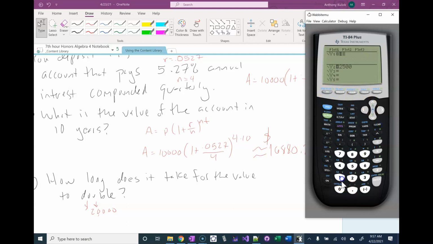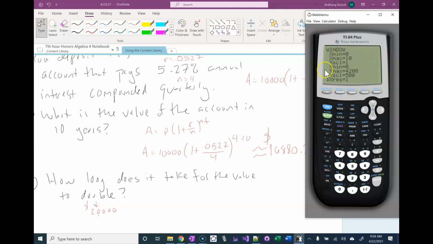So my model is 10,000 times 1 plus 0.0527 divided by 4. That's such a crazy decimal, I'm just going to type it in so I don't have to do any rounding. And then 4 times x, and then we're looking for 20,000.